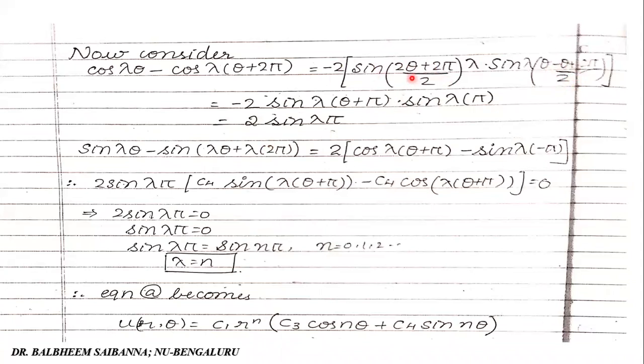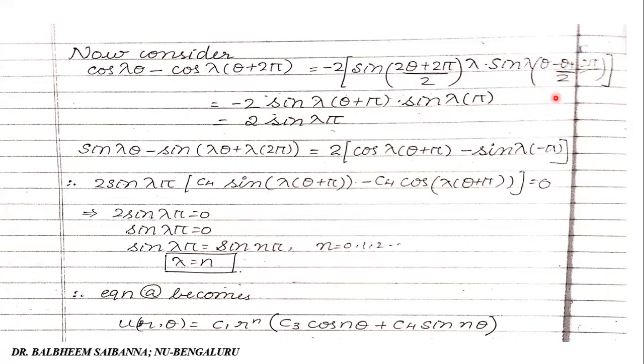Then simplify this: 2 theta plus 2 pi, if you take 2 common, the 2 gets cancelled. Then minus 2 sin lambda (theta plus pi) sin, here theta minus theta gets cancelled. Then we will only get sin lambda pi.